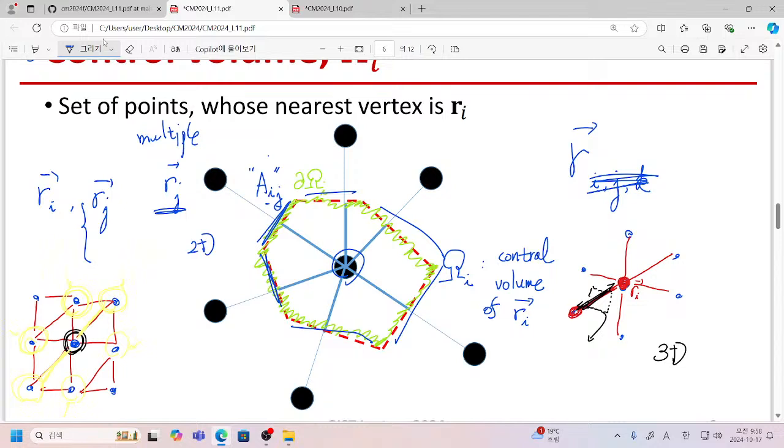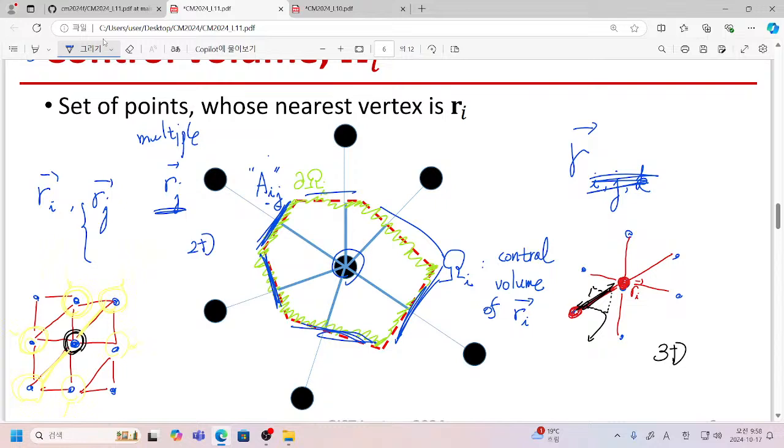The number of segments corresponds exactly to the number of neighboring points. If we have, for example, 1, 2, 3, 4, 5, 6, in this case 6 neighboring points, then it will have at most 6 segments, because we have 6 edges connecting R i and all the R j's.